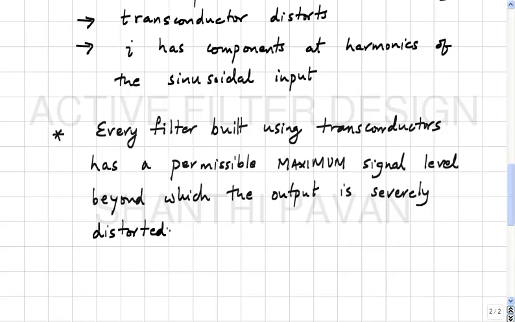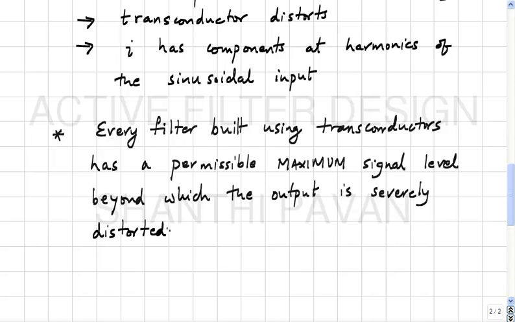Though I just talk about transconductors here, this holds for filters built using active elements in general, because every active element, be it a bipolar transistor, a MOS transistor, whatever transistor you have, has only a range of bias conditions over which the transistor behaves like an incremental voltage controlled current source. The moment signals exceed these quiescent conditions, the transistor does not behave like what you want, which means that the behavior of the entire circuit gets affected.